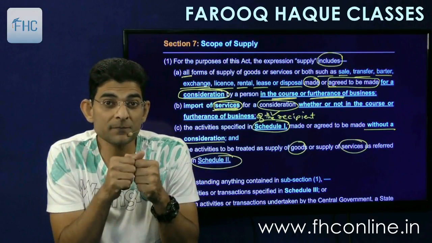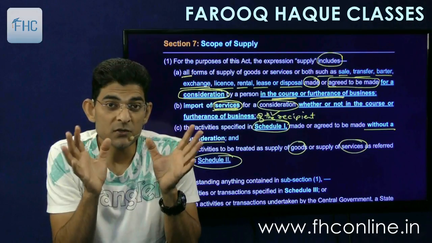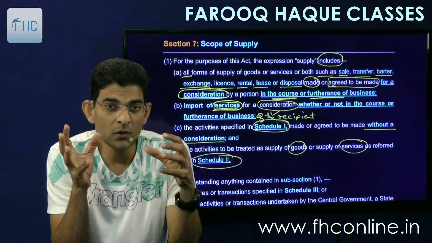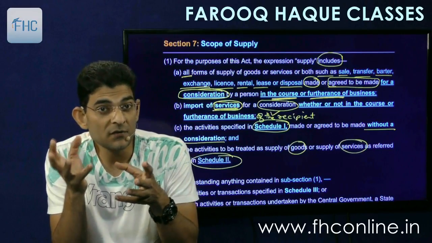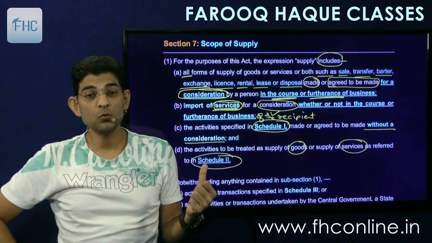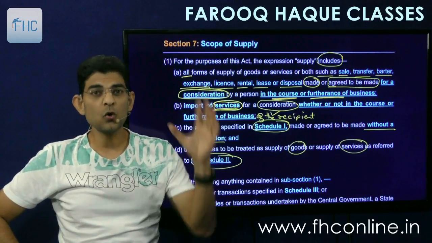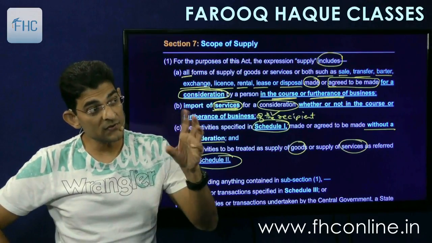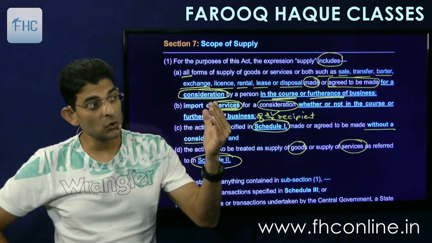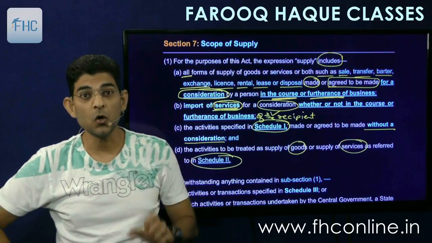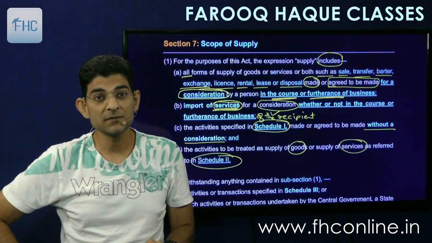Goods or service? So the answer to such queries, whenever there is a conflicting situation, whether you can call it as goods or you should call it as service, those conflicting situations are governed by Schedule 2. So in Schedule 2, government has listed the transactions and said that if this is the characteristic, it should be called as goods, and if this is the characteristic of the transaction, it should be called as service.